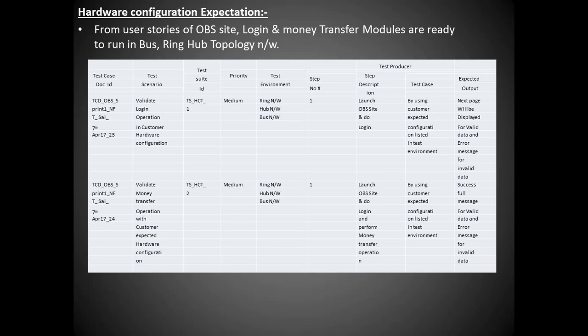Here is the template for it: test case document ID, test scenario, test suite ID, priority, test environment, and another one is the test procedure itself. We can follow ring, hub, or bus, any one of the networks.